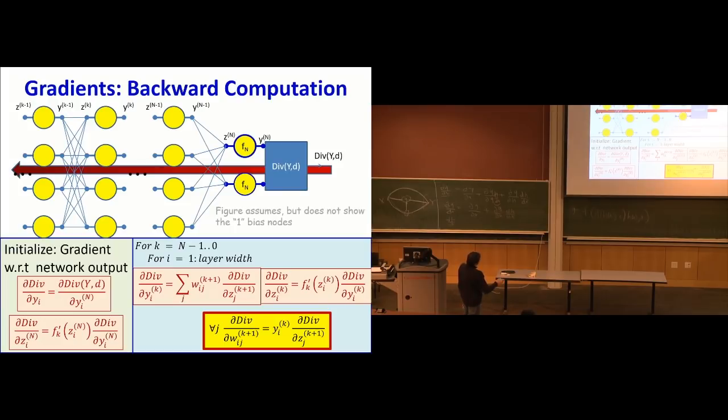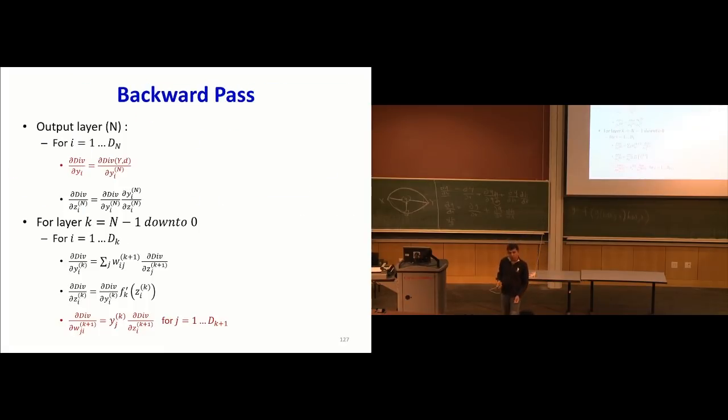First you compute the derivatives with respect to the y, then take a step back and compute the derivative with respect to the z, and in between you also compute the derivative with respect to these weights. Algorithmically it's very simple: three steps for each layer. And so the overall pseudocode is going to look something like this.